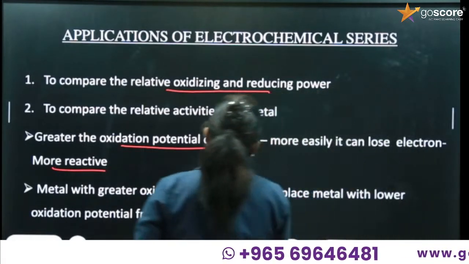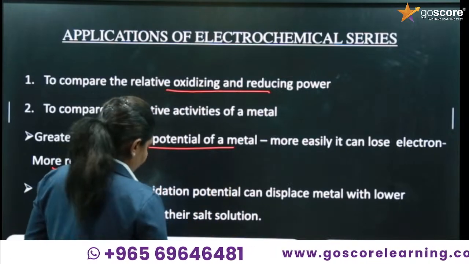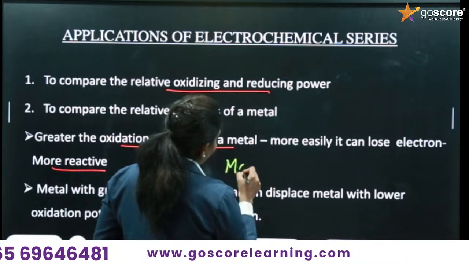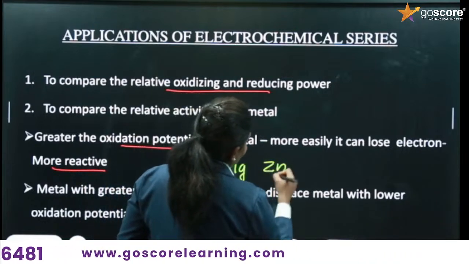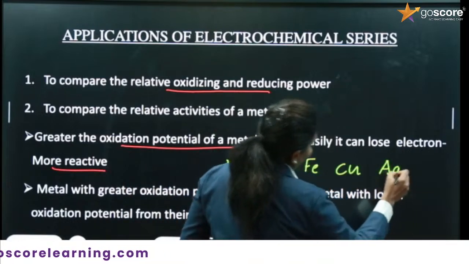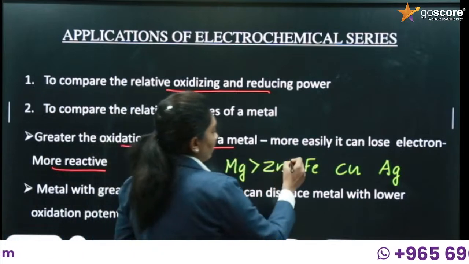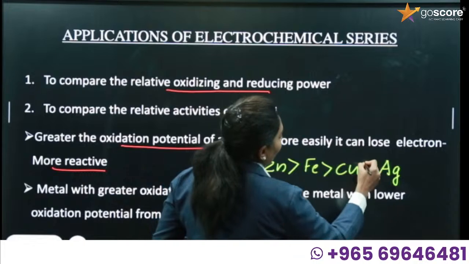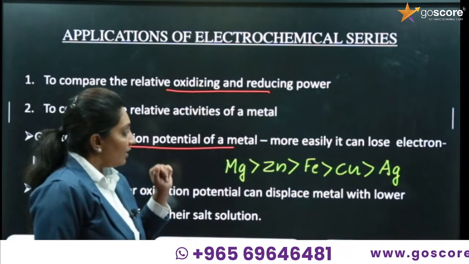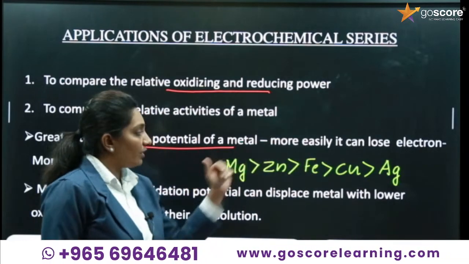Okay, so the oxidation potential of magnesium, zinc, iron, copper and silver will follow this order. Magnesium has the greatest oxidation potential, then zinc, then iron, then copper, last silver. So this is the oxidation potential order.